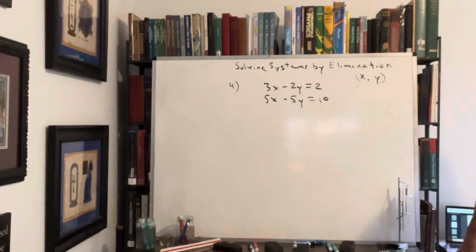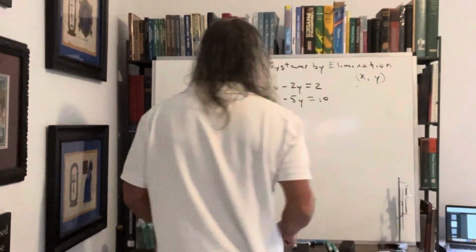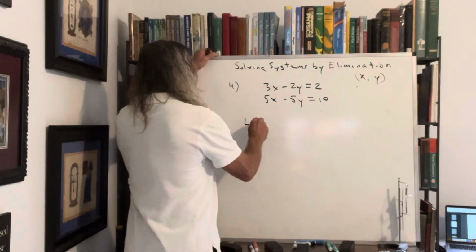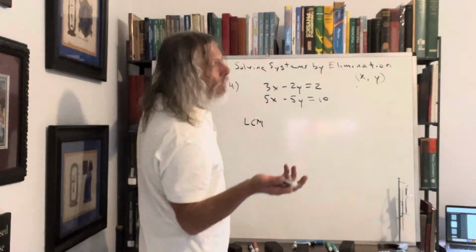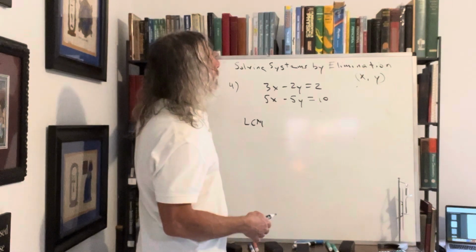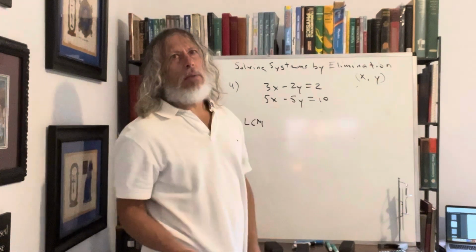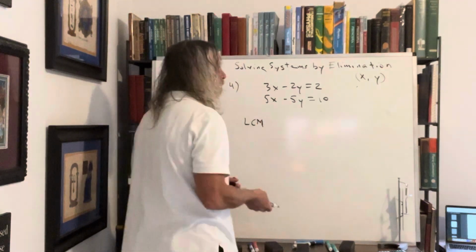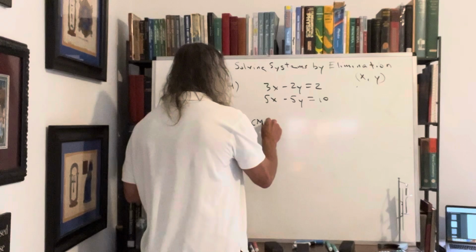And remember LCM, least common multiple. Before we do this one, review this. Remember, least common multiple of like 3 and 7.